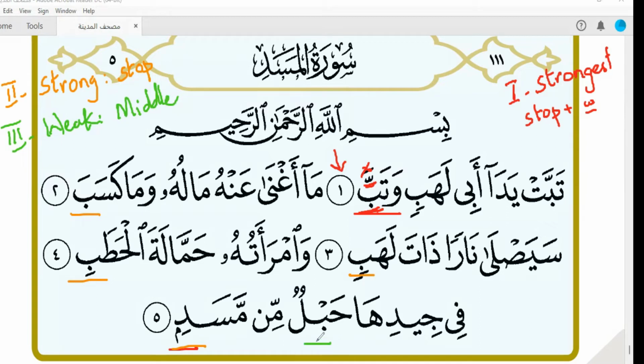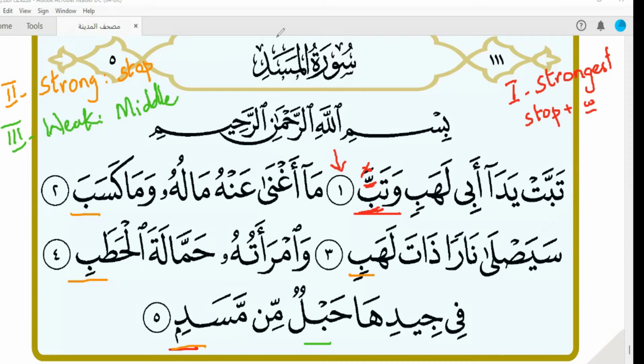If you stress on this letter with qalqala, it kind of sounds like you are stuck. It's not a proper flow. So hablun is not natural compared to habelun. Hablun would be wrong because it's in the middle and you have to be in a flow of your recitation. So you say habelun, you bounce and you move ahead. You don't put pressure on qalqala's makhraj.